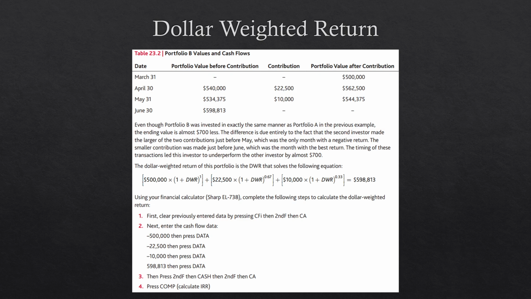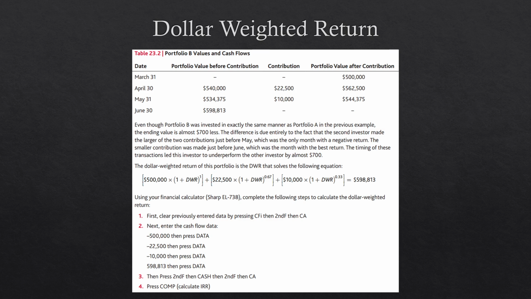Now, there are different ways to calculate return. One is the dollar-weighted return, and so you can see the calculation done here, just with this example, and this is using the financial calculator. So you start with $500,000 on March 31st, and then the portfolio grows in value to $540,000 in April.